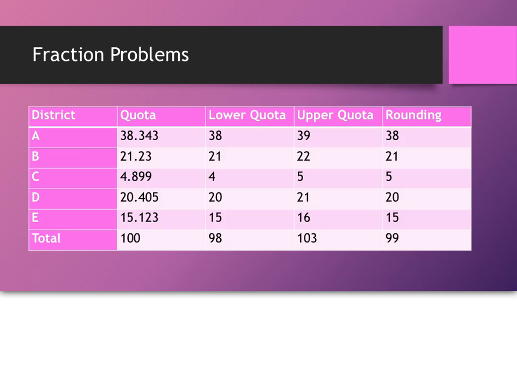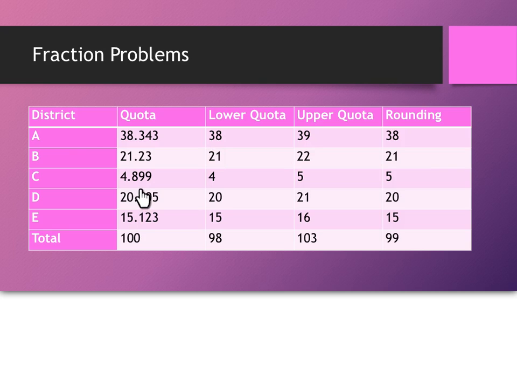You may think, let's just round everything down. Now, if you take your quota and round everything down, or in other words, go to the next lowest integer, so for instance, if we have 38.343, we round it down to the next lowest integer, 38.